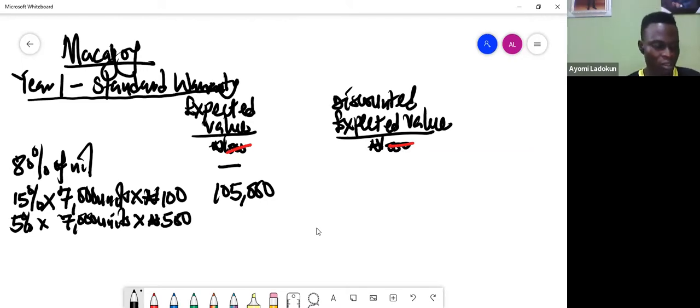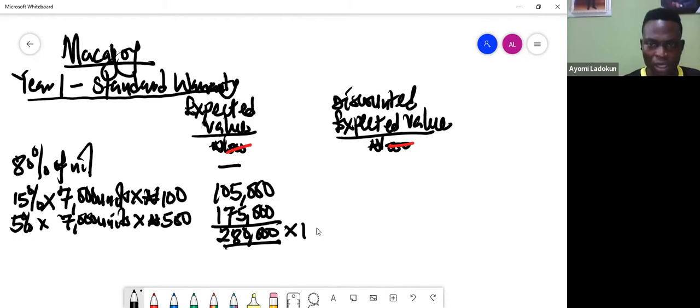So I'll now say 0.05 multiply 7,000 multiply 500. This will give me 175,000. Then I can add it up: 175,000 plus 105,000 gives us 280,000. Then multiply by the discount factor; they gave us 4%.